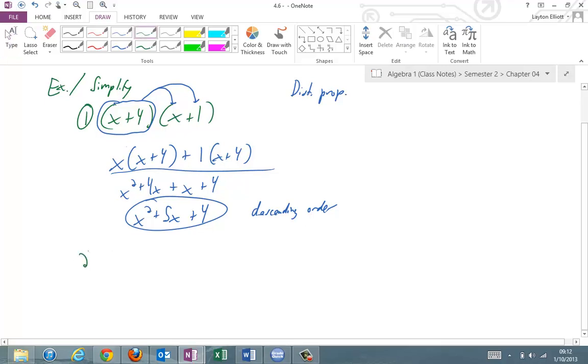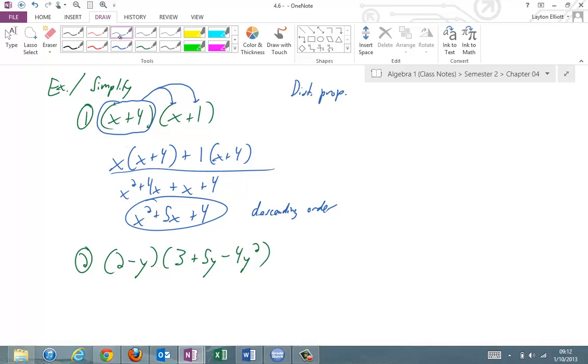Number 2, if I take 2 minus y and I multiply it by 3 plus 5y minus 4y squared. Now, for those of you who wanted to FOIL on the first one, we can't do that here. For those of you who don't know what I'm talking about, don't worry about it.